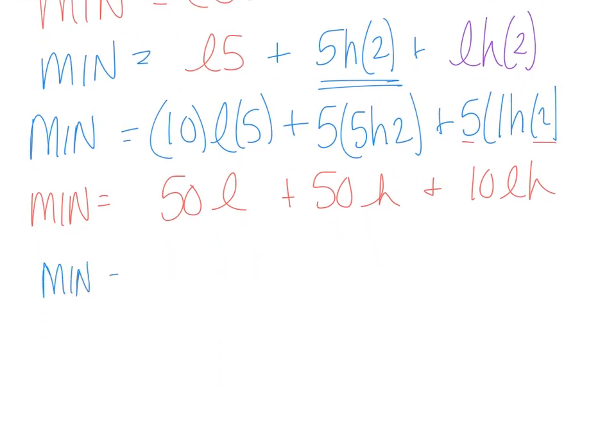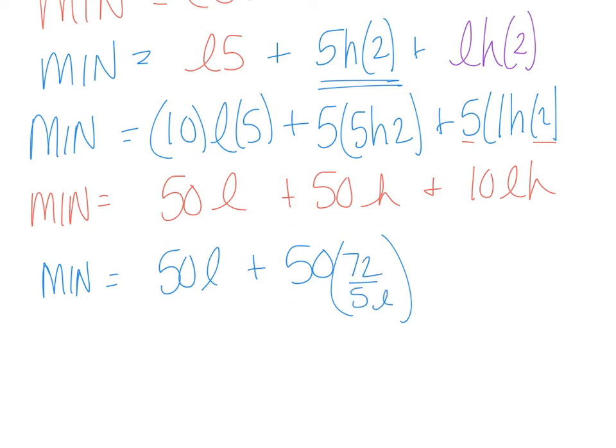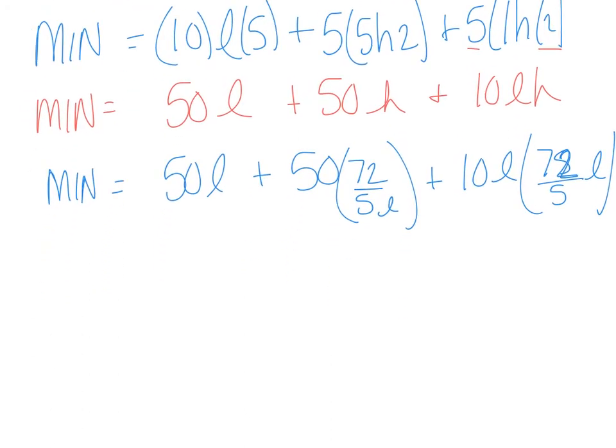So I have my minimum equals 50L plus 50 times 72 over 5L plus 10 times L times 72 over 5L. Now, I do a lot of cleanup because that makes my math easier in the end.